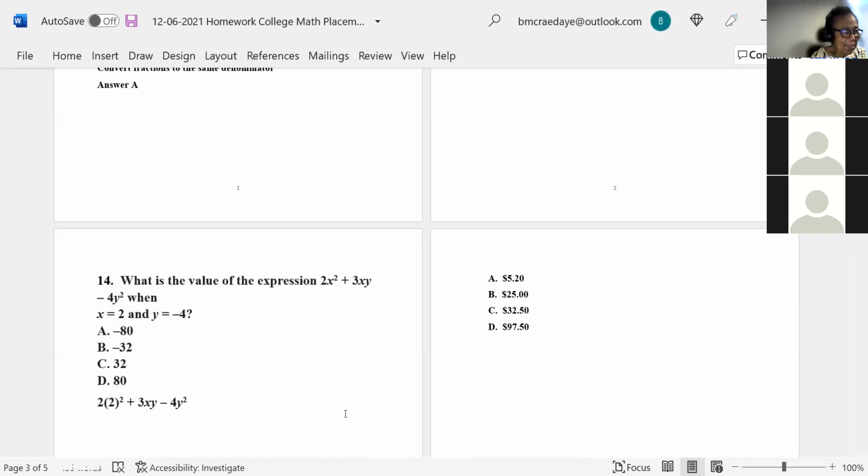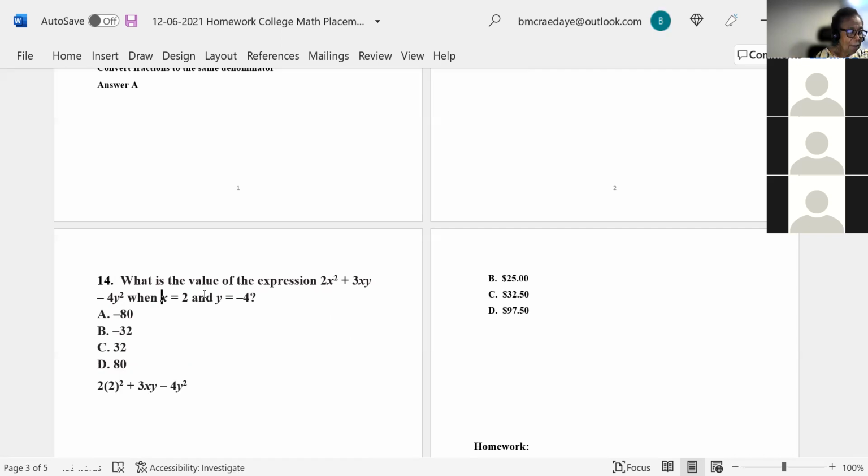So when x is 2 and y is minus 4, where you see an x, you want to put a 2, and where you see a y, you want to put a minus 4. So this becomes 2 times, and the y is a minus 4. So that's minus 4.